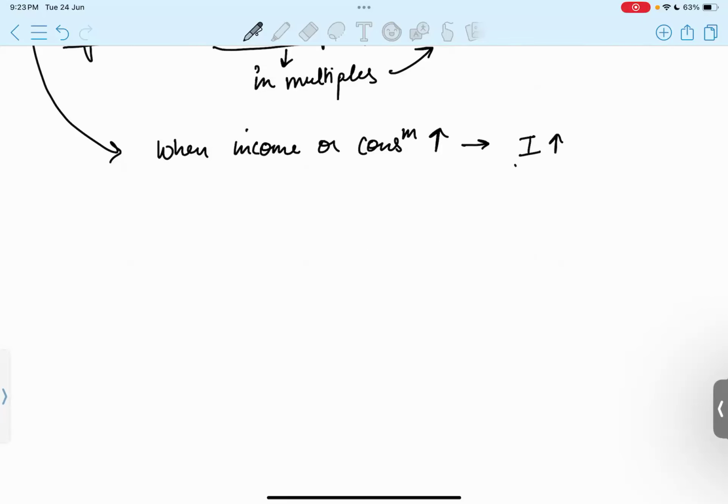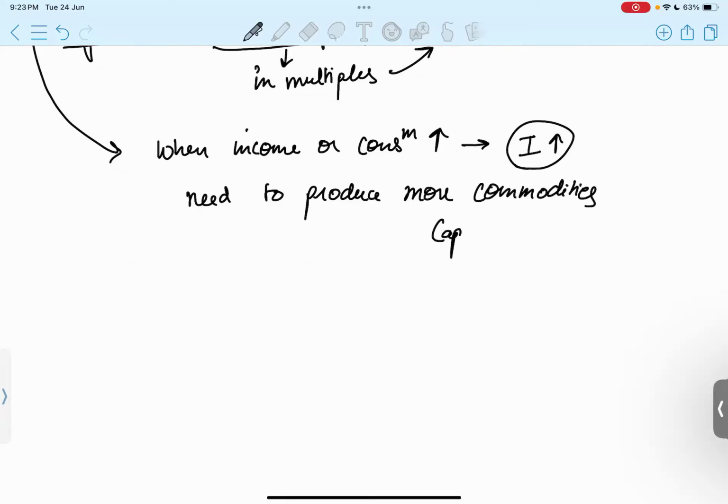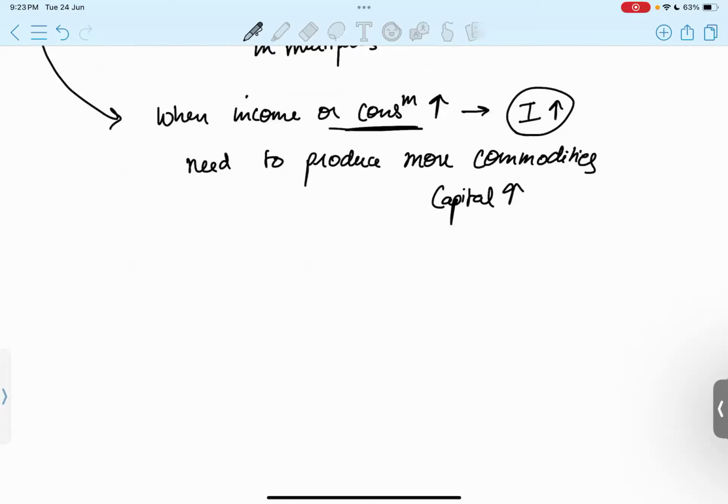Because investment will be increasing by multiples, we will need to produce more commodities. For that, we will require more capital and more capital assets, because consumption demand is increasing. So more goods are being demanded, and that will be produced after the investment also increases by a multiple amount.